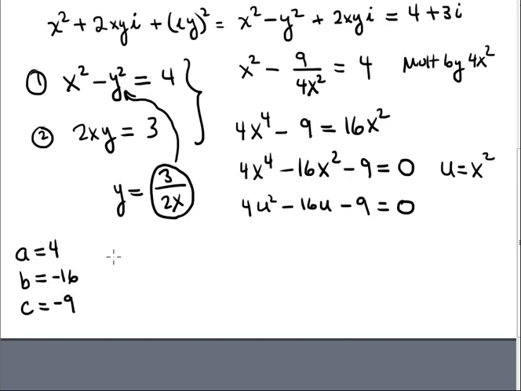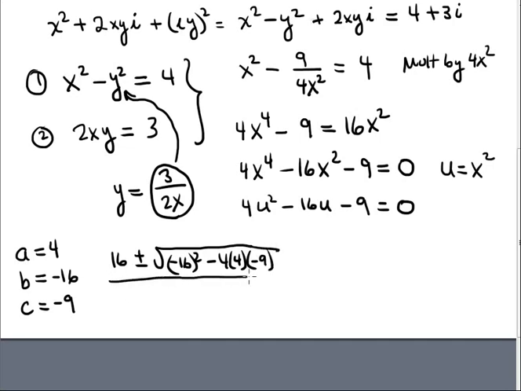So it's 16 plus or minus the square root of -16 squared minus 4 times 4 times -9, divided by 2 times 4.